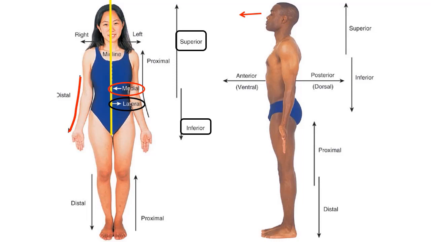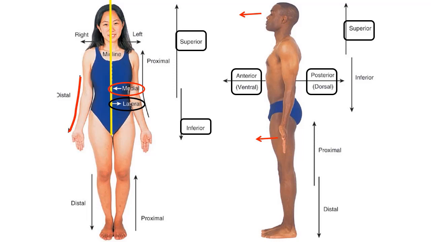So in the figure to your right, here the face is looking forward in normal anatomical position, and the palm of the hand is facing forward, and anything anterior to the body is called anterior or ventral. Anything at the back is called posterior or dorsal.